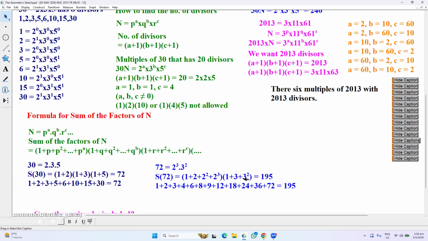So 2 cube 3 square will be inside, 2 square 3 square will be inside, and you form the series like that. All the factors will be inside when we expand the brackets. So that's the concept to find the sum of the divisors.